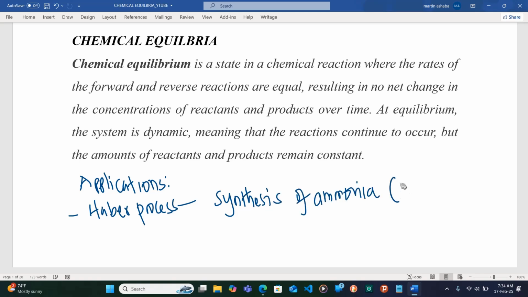Synthesis of ammonia is also very important since ammonia itself forms a foundation on which most of the explosives and fertilizers are made. The other process that is very important is the contact process. And the contact process is a process through which we do manufacture of sulfuric acid.